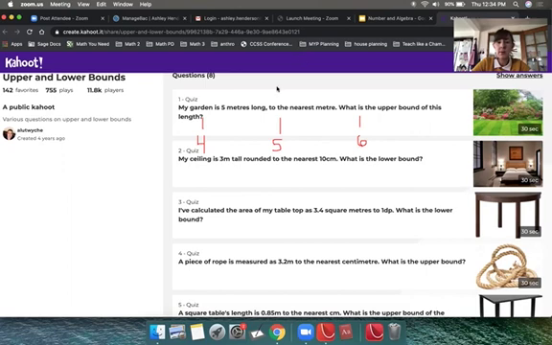Somewhere in here are the possible measurements. Halfway between 4 and 5 and halfway between 5 and 6 are where we think about rounding.